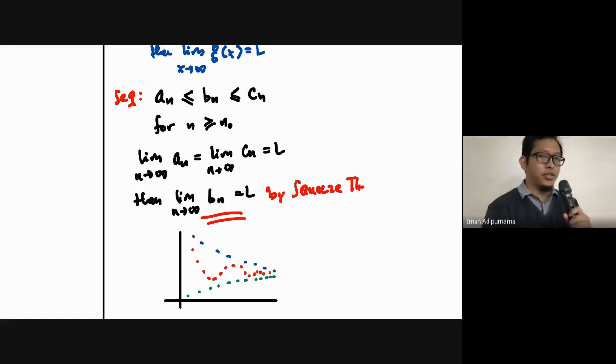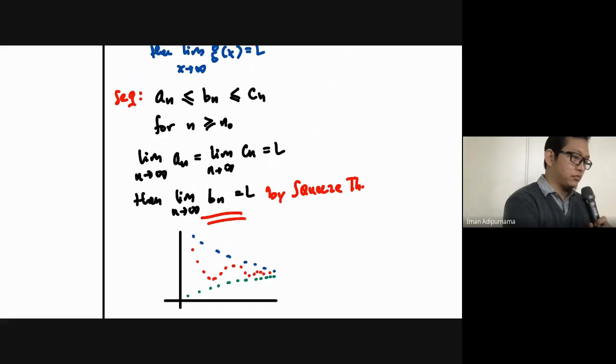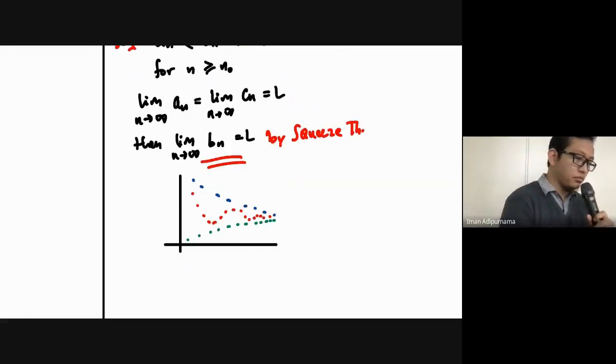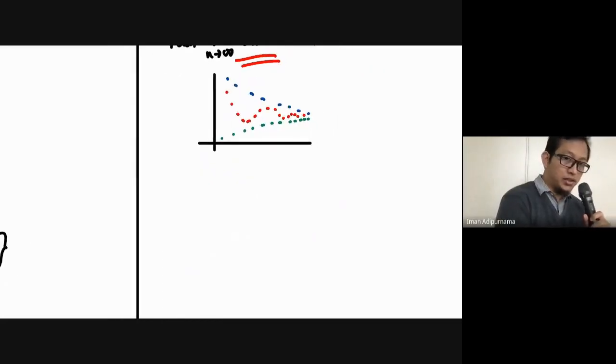This is just an illustration to show that the sequence is between the other two. Okay, that's the Squeeze Theorem.